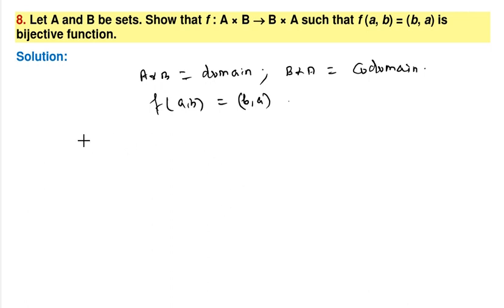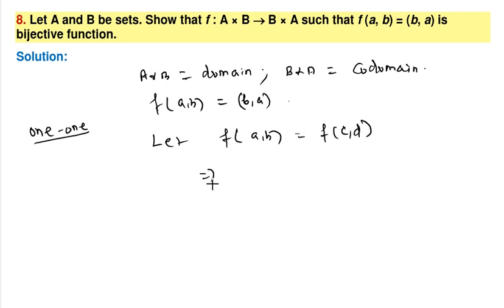So for 1-to-1, let us assume two different images. Let f of (A, B) be equal to f of (C, D).